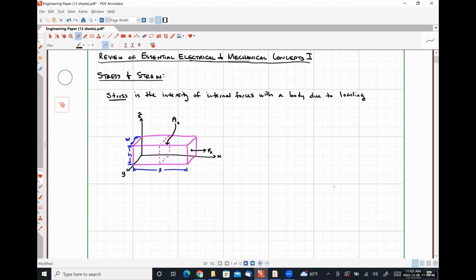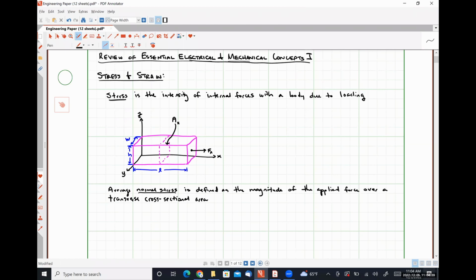All right, so the average normal stress will be defined as the magnitude of the applied force over a transverse cross-sectional area.